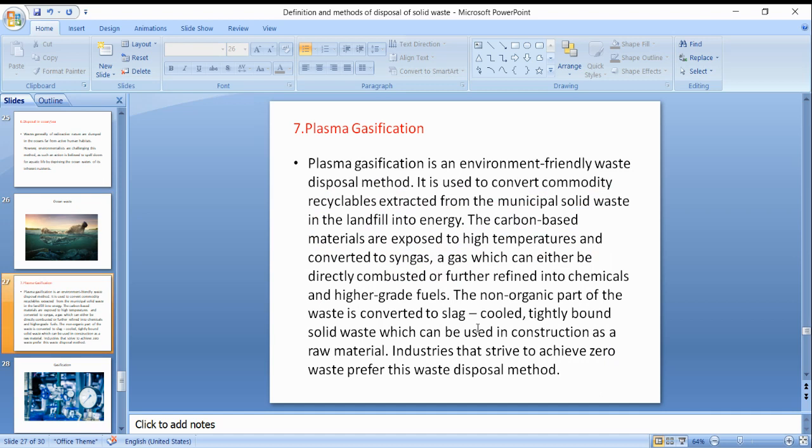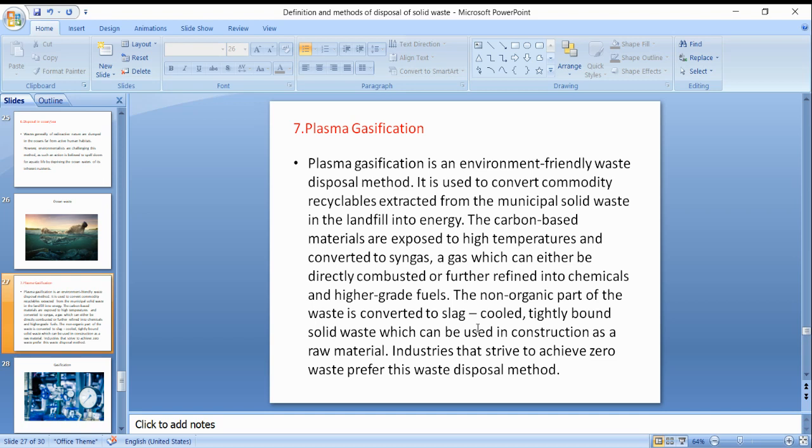Next comes plasma gasification. Plasma gasification is an environmentally friendly disposal method. It is used to convert a recyclable commodity extracted from municipal solid waste in the landfill into energy.